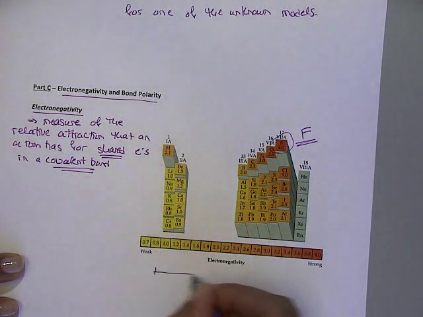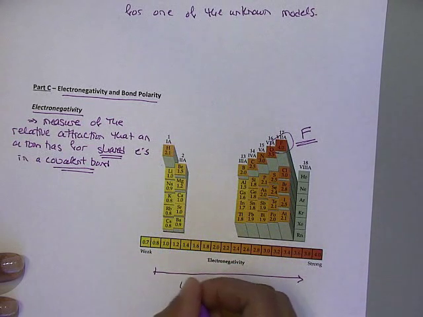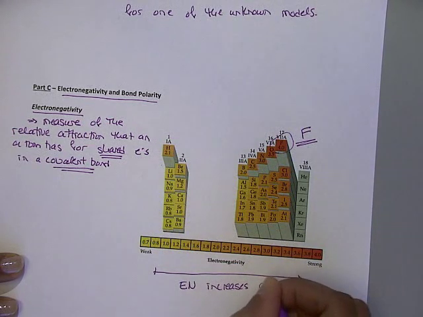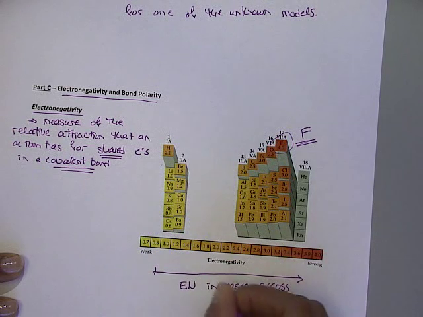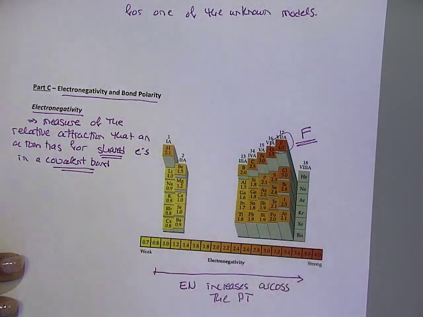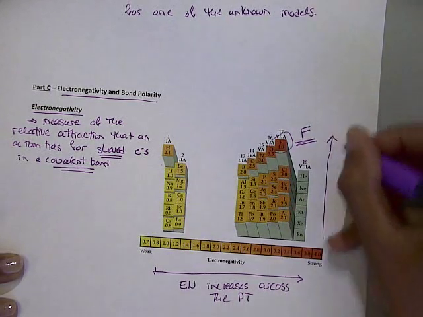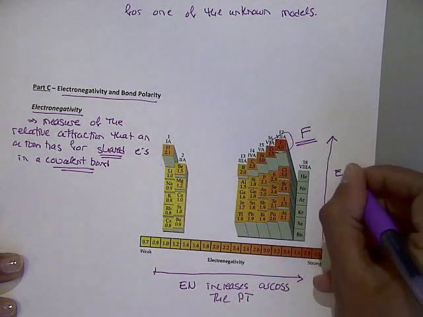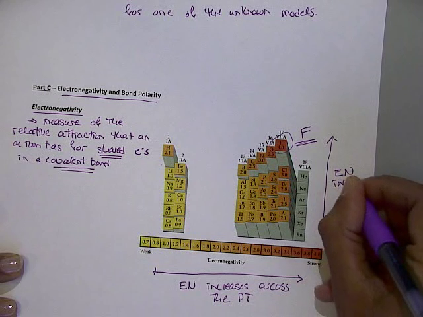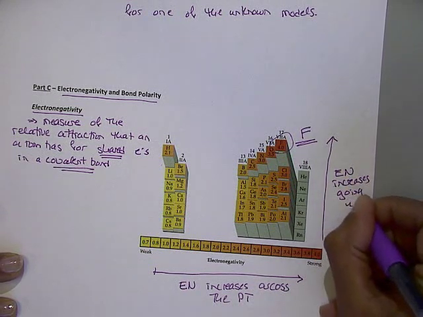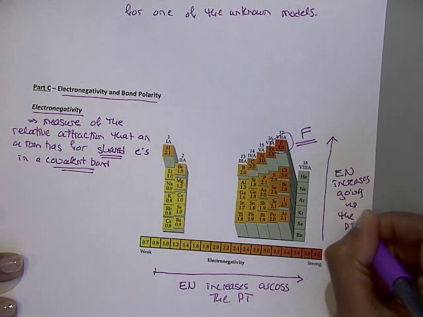As we go across the periodic table, the electronegativity increases, and as we go up the periodic table, the electronegativity increases going up the periodic table.